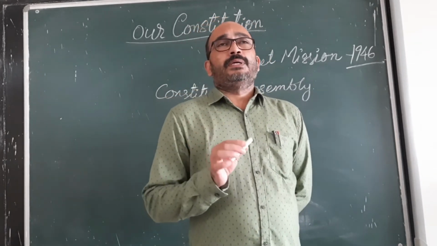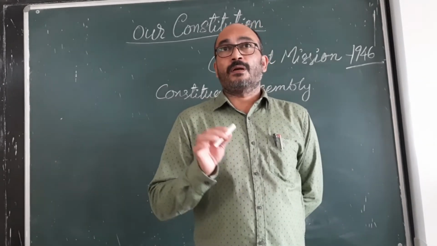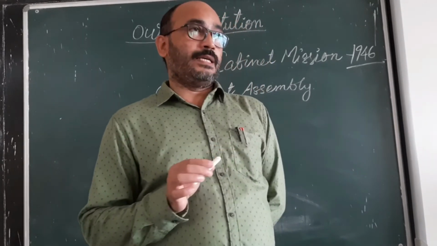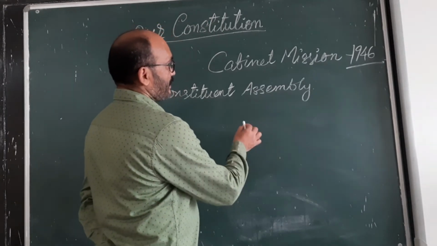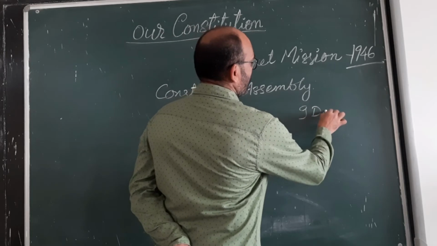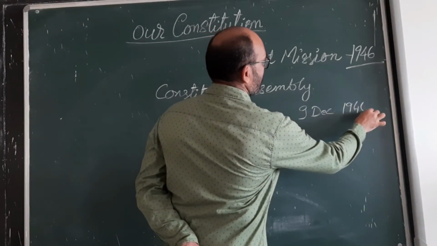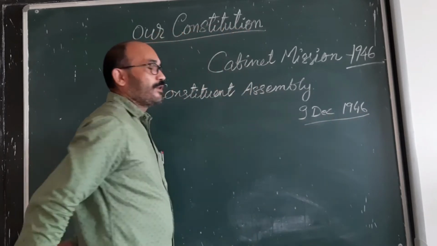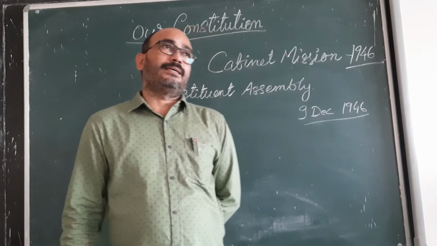The Constituent Assembly conducted its first meeting on 9 December 1946. Okay. First sitting or first meeting, that is 9 December 1946. On 9 December 1946, the first meeting of the Constituent Assembly was held.